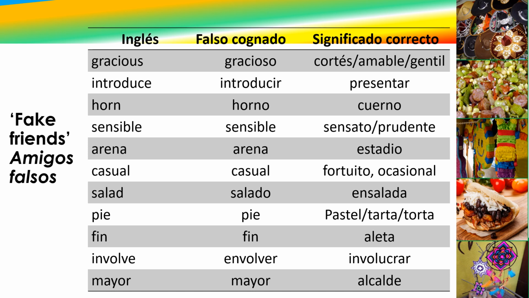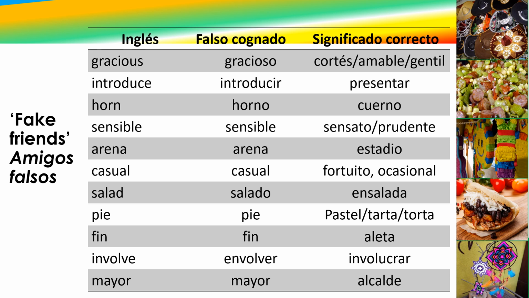Yes. What about horn? Do you think it's horno? No way. The correct word is cuerno. Horno, on the other hand, means oven. Okay? Sensible, sensible. Ha! You better think again.